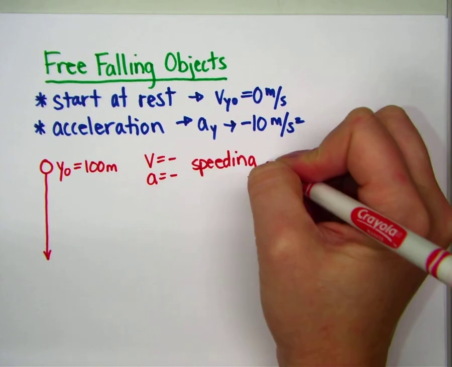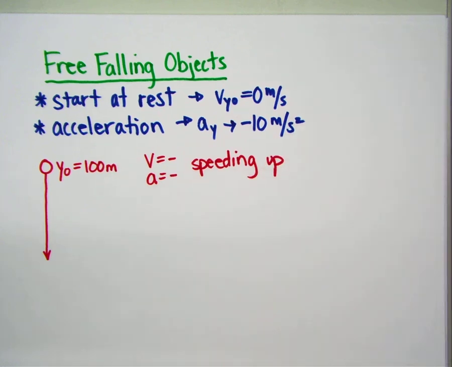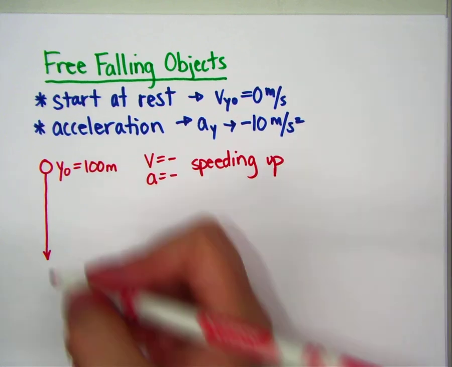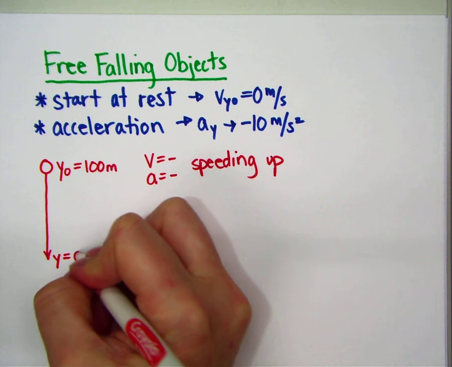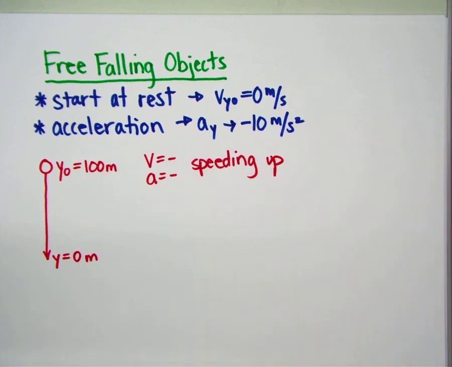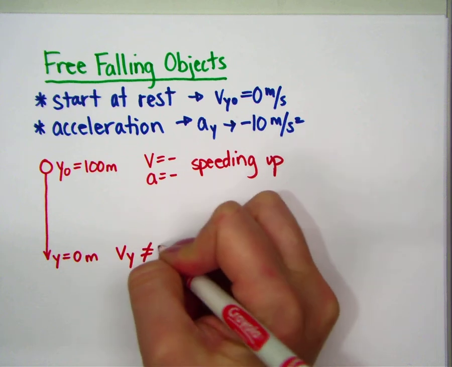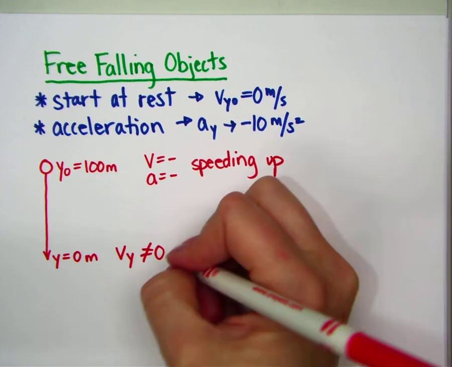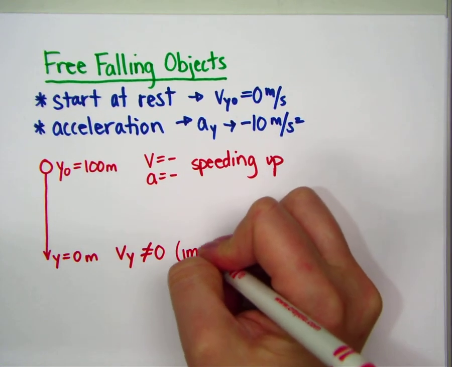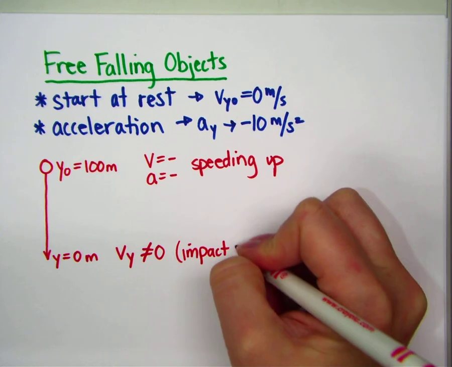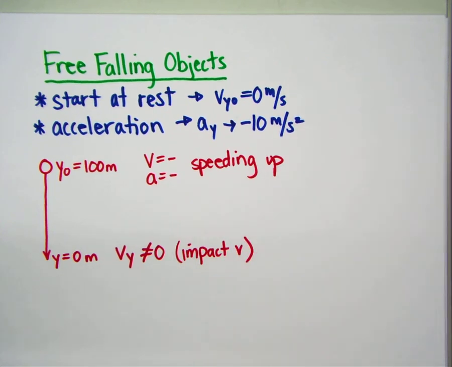That should make sense. So when the object hits the ground, it's going to hit the ground with some velocity not equal to 0. It's what I like to call impact velocity. Okay? So it cannot be 0. It's going to be some value, and it's going to be negative because it's going in the downward direction.